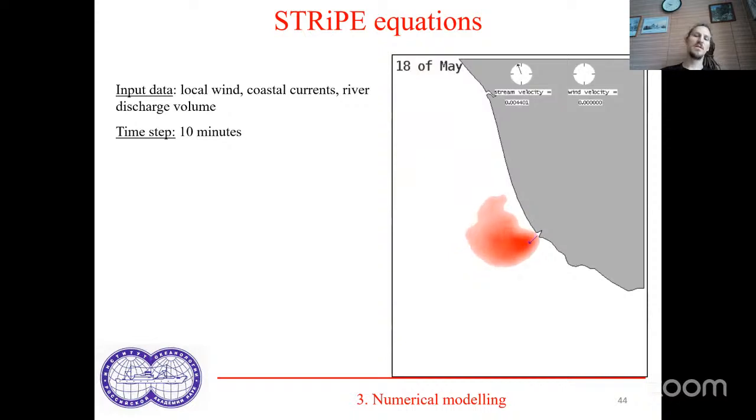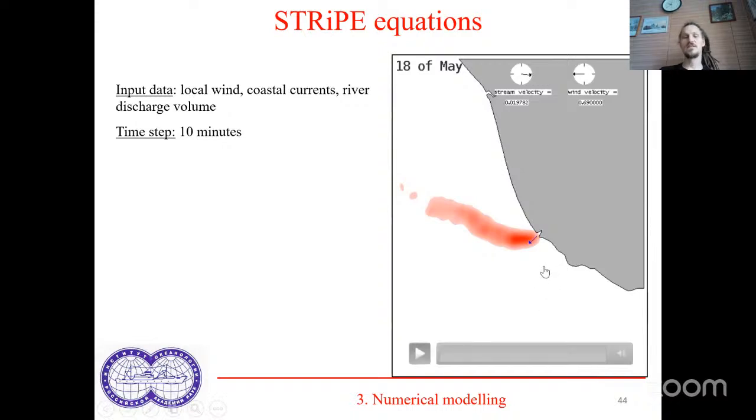And you see that the response of the river plume to local wind forcing is very quick, and the mixing of a river plume is also very quick under very strong wind forcing. And this has very good agreement with what we see in aerial remote sensing of the plume, how it moves and how it reacts to the wind forcing.